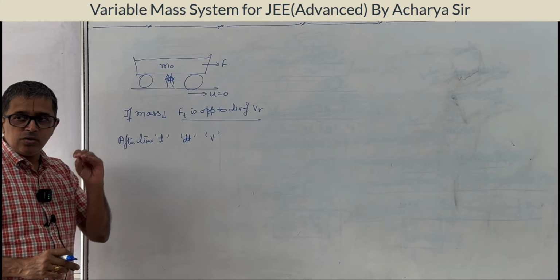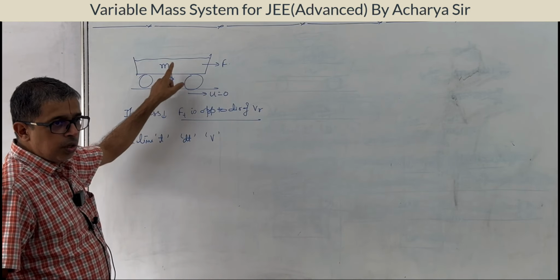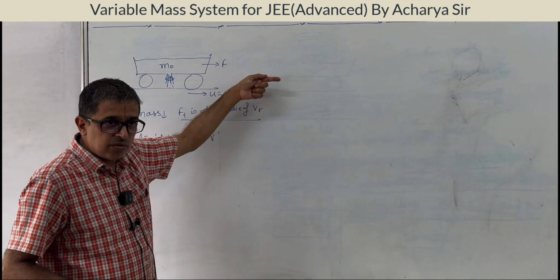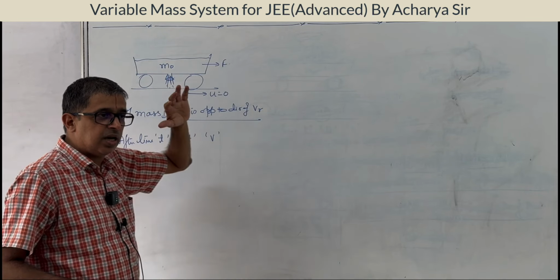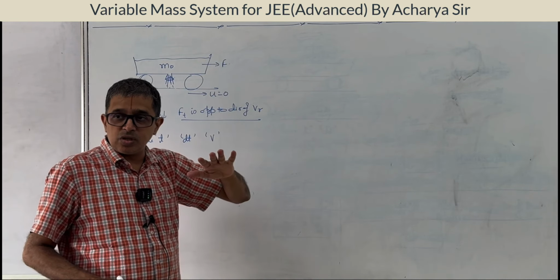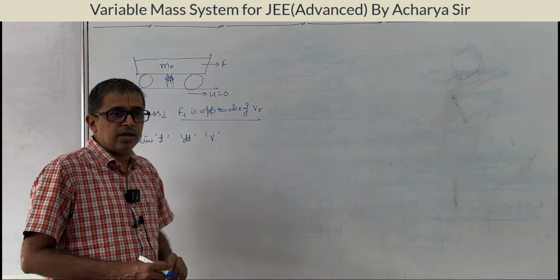Here students by mistake consider the thrust force to be in the direction of the force or sometimes opposite, in the backward direction. Both of them are a mistake because relative velocity is in the downward direction.